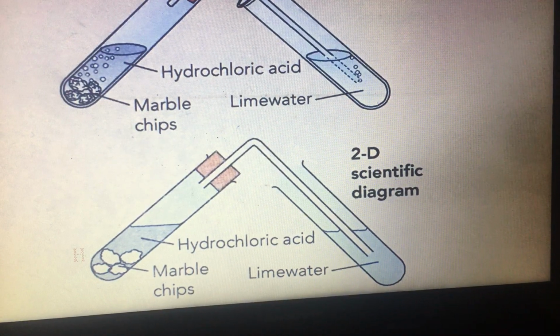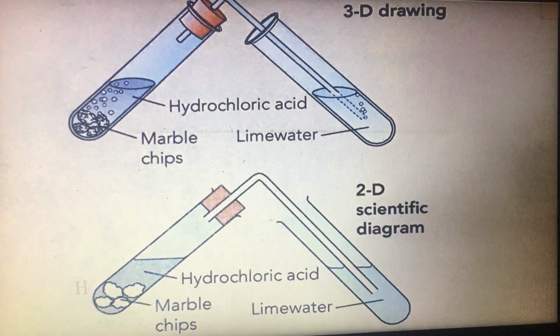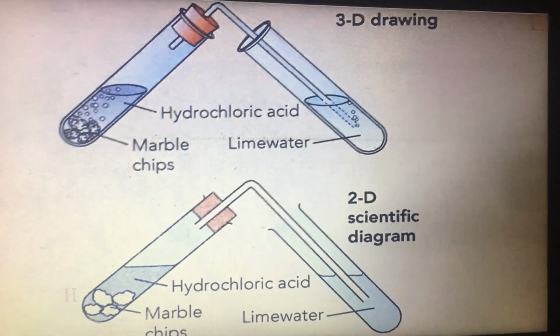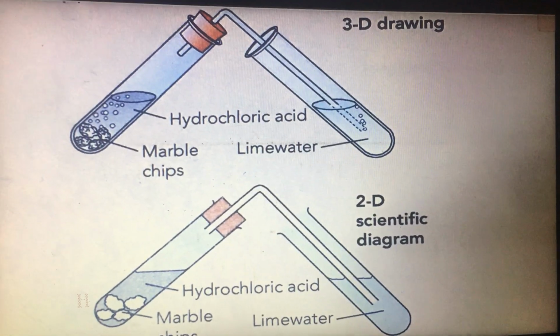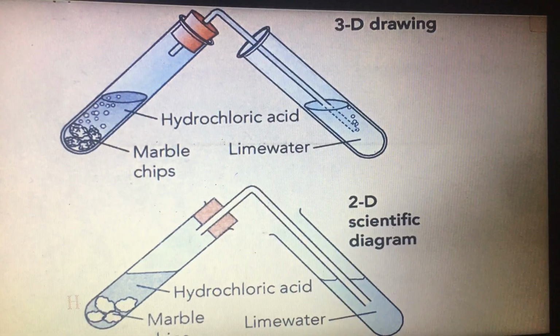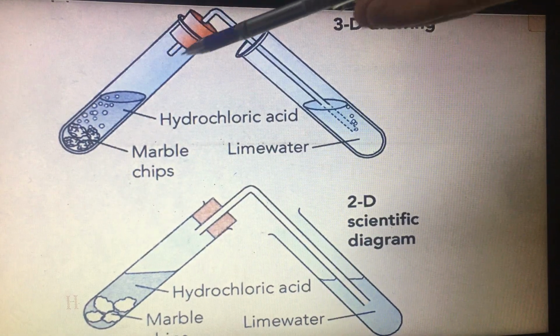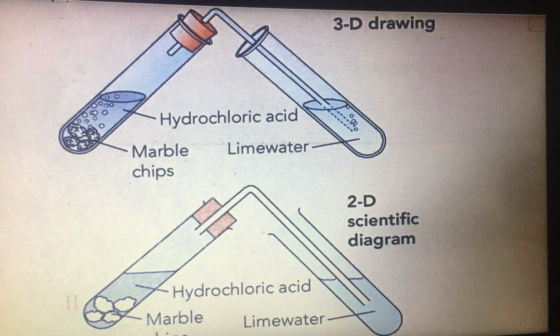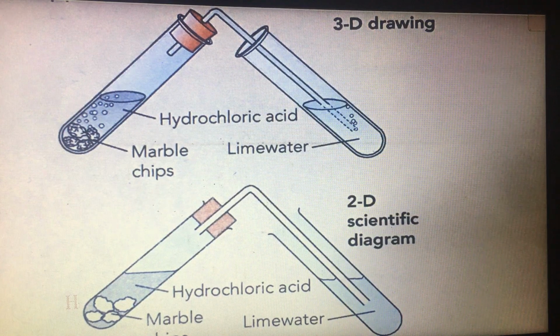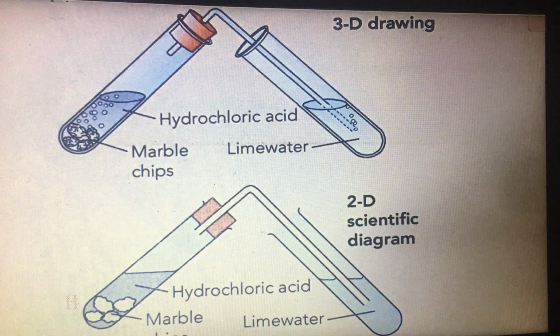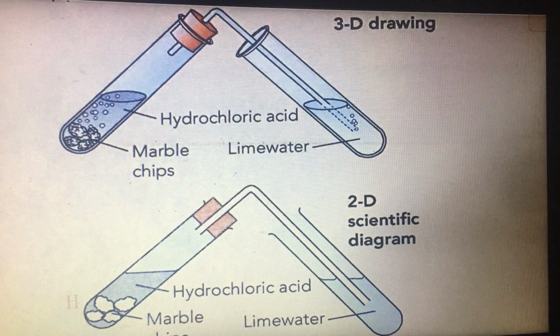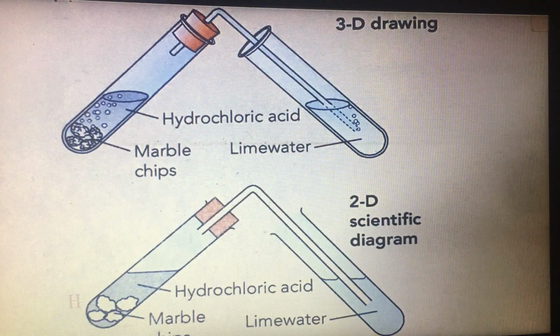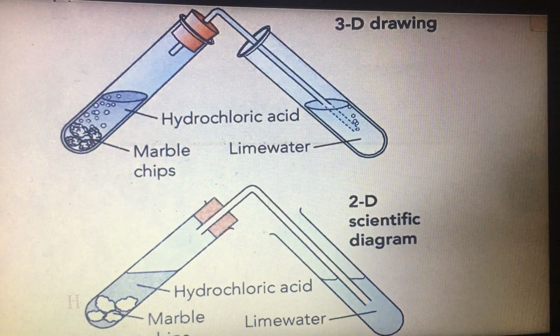Inside the tube, we have bubbles. Those are carbon dioxide bubbles. They will collect and move into the second tube, which contains lime water. When the carbon dioxide gas reaches the lime water, it will turn the water milky or cloudy.